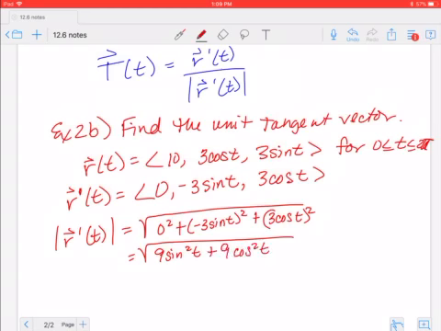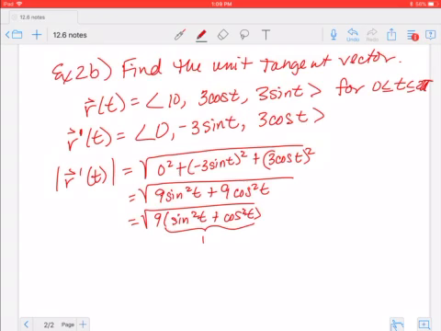And then we get to use a little bit of trig knowledge, right? So we can simplify this a little bit, factor out that 9, and I'm left with sine squared of t plus cosine squared of t. And we know, because of our fancy Pythagorean identity, that's going to give us a 1. We have the square root of 9, which is 3.